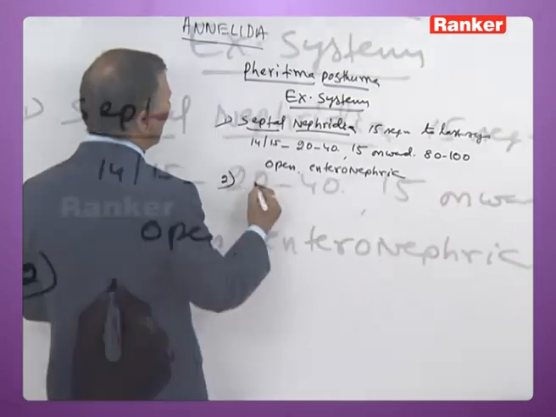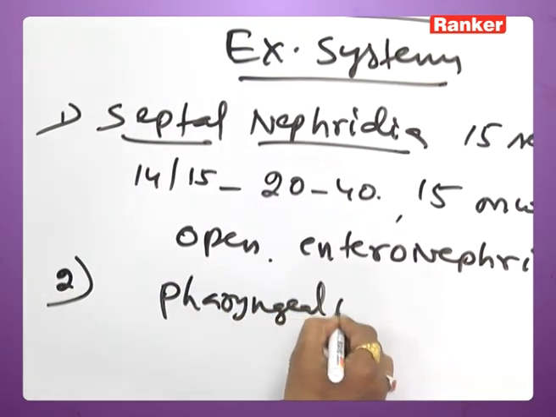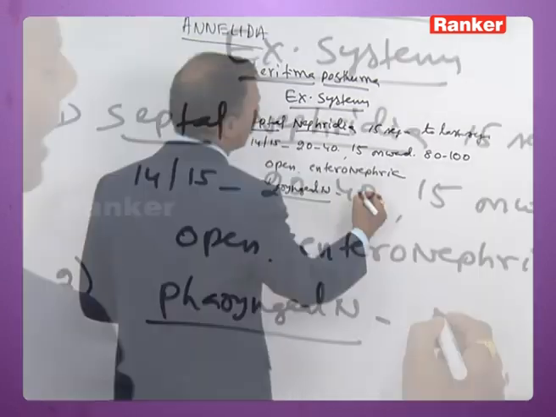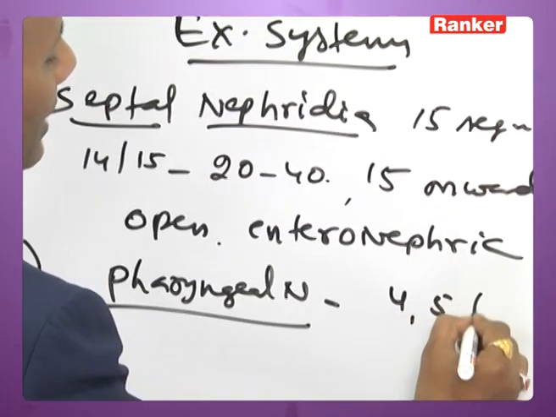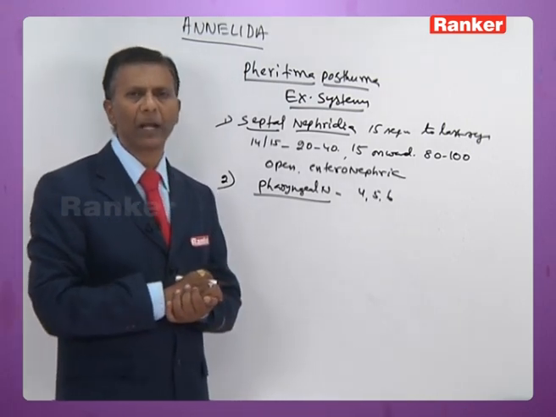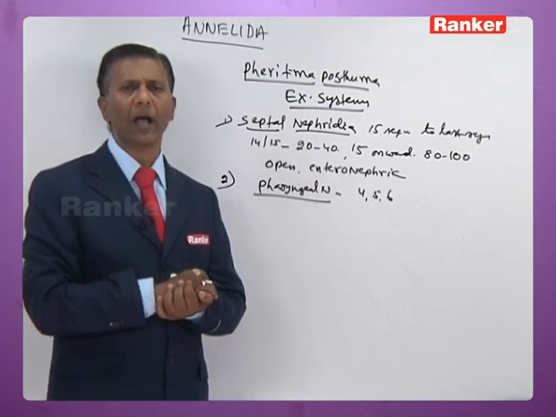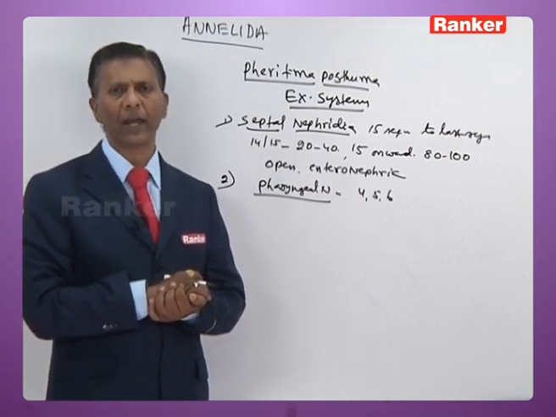Then number two, pharyngeal nephridia. Tufts of pharyngeal nephridia are present in the 4th, 5th and 6th segments. The pharyngeal nephridia of the 6th segment open into the buccal cavity, while those of the 4th and 5th open into the pharynx.